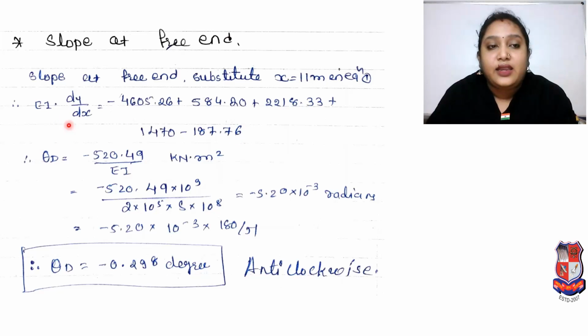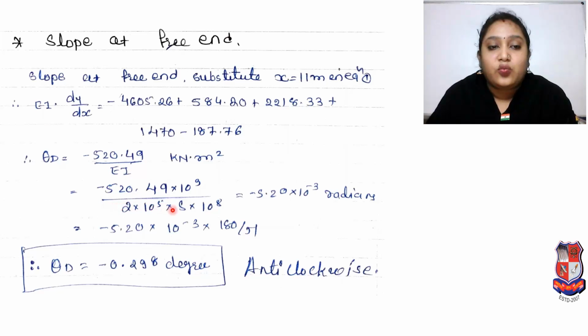So theta d, dy by dx is this theta, and we are interested to find slope at D point, so that theta here we consider theta d. So this is EI theta d. So theta d is equal to minus 520.49 divided by that EI.